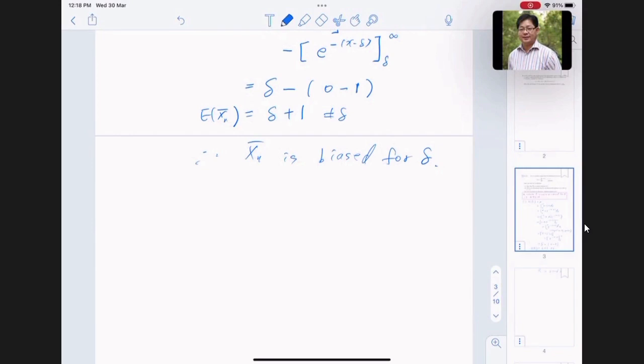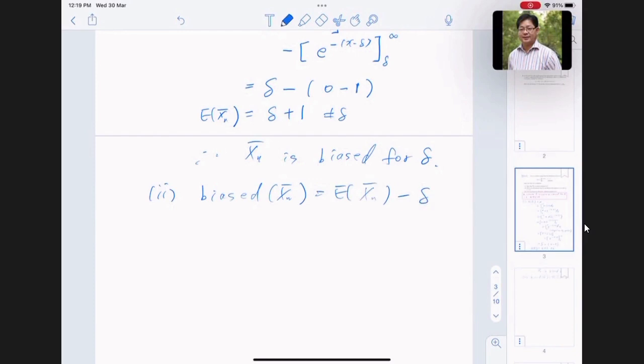Now about bias, you always look into the expectation. And we can also determine a term called the bias. The bias of an estimator is equal to the difference between its expectation and the unknown parameter we want to estimate.